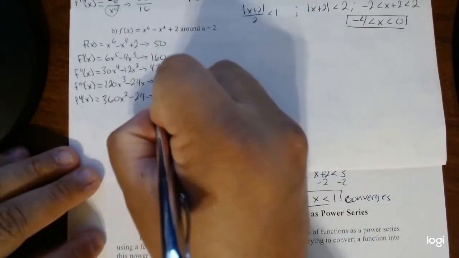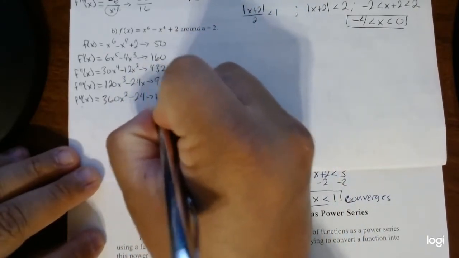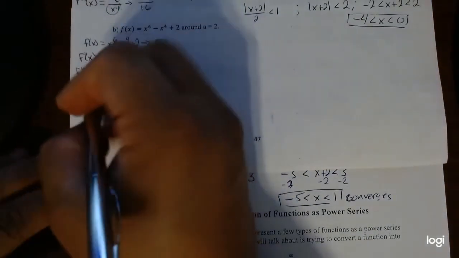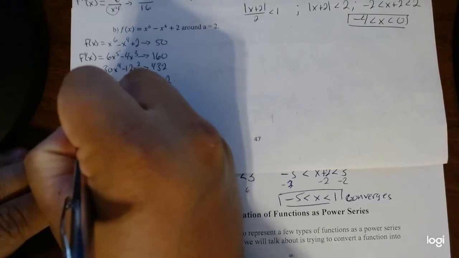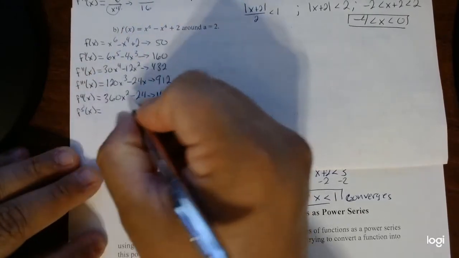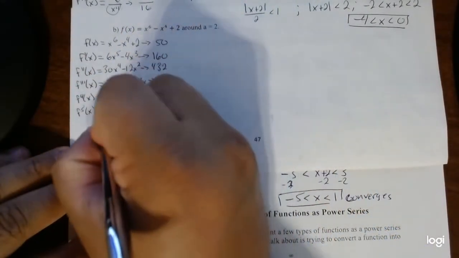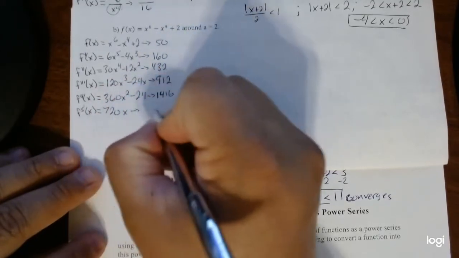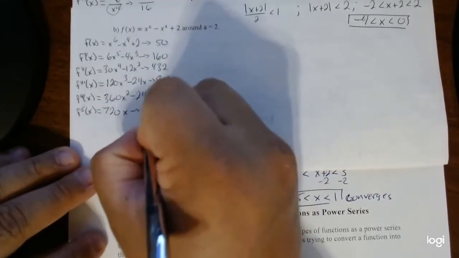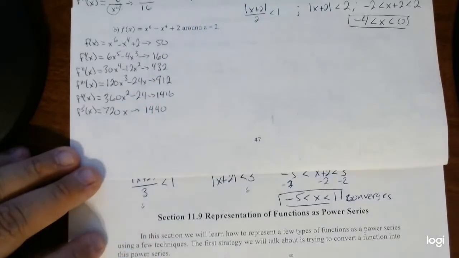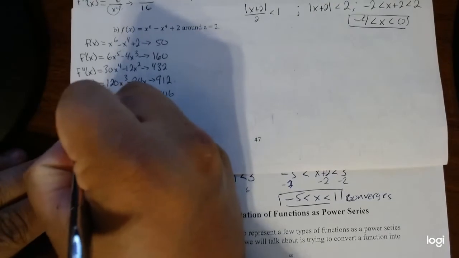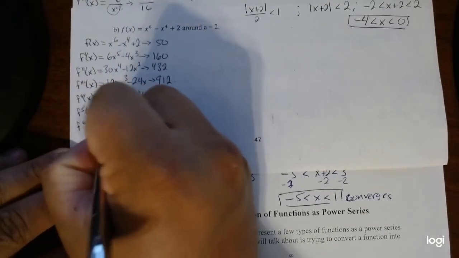This ends up being 1416. Do the fifth derivative. 2 times 360 is 720. That's gone. So this is 1440. And now do the sixth derivative. And this is just 720.